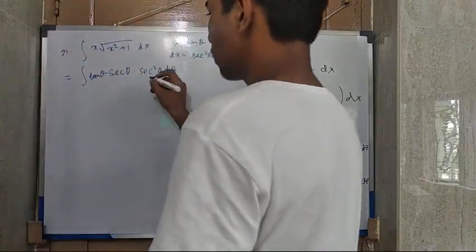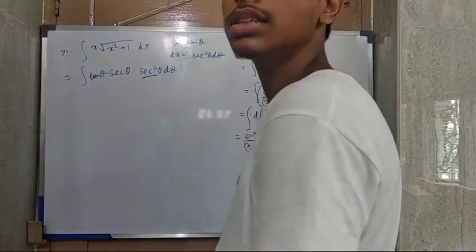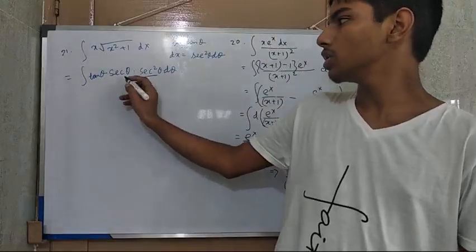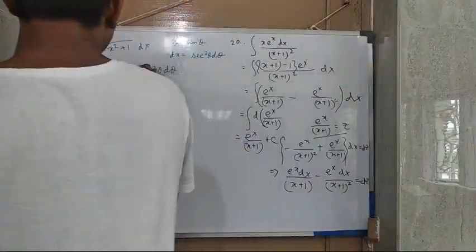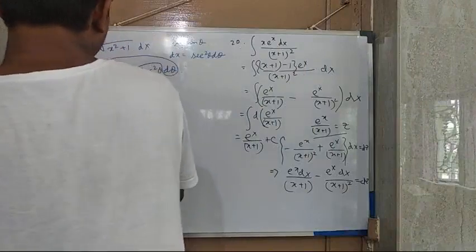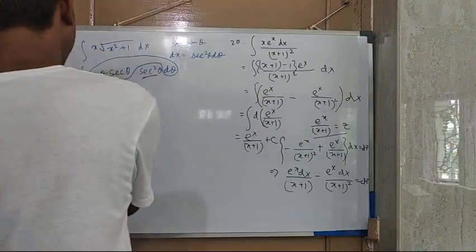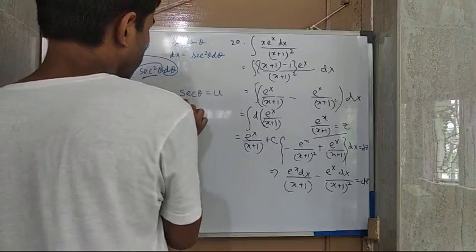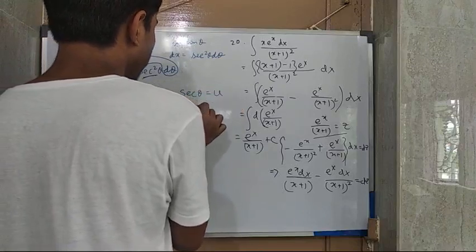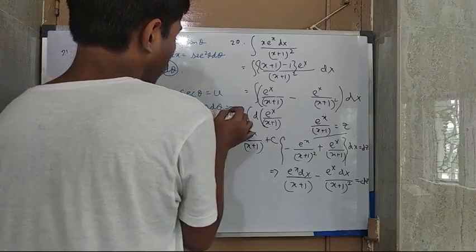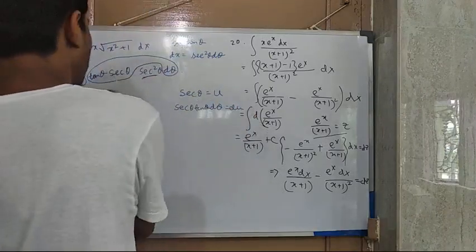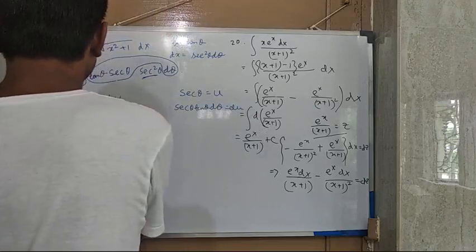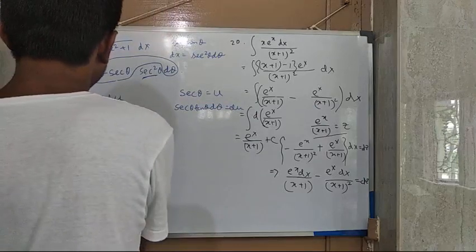Now let's assume sec theta is equal to u. So sec theta tan theta d theta will become du, and your integration becomes u squared du. So this is actually u cubed by 3 plus c.